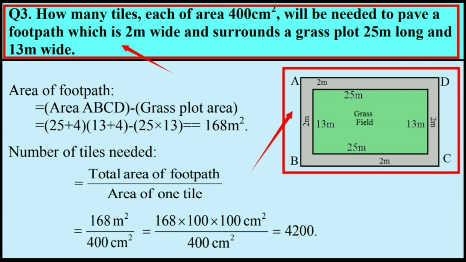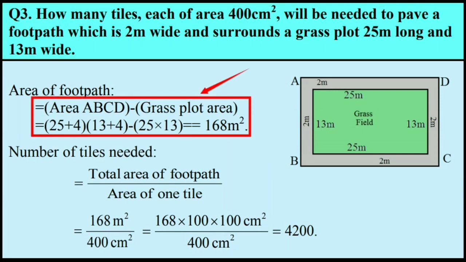So the first part of the solution is to find out the area of the path, and the next part is the number of tiles required. Area of the footpath is area of the bigger rectangle, that is ABCD, minus the area of the grass plot.